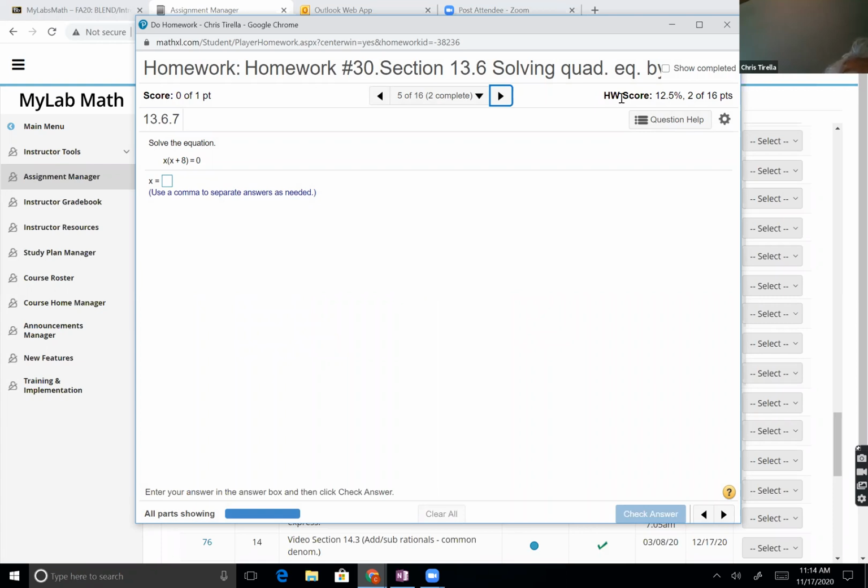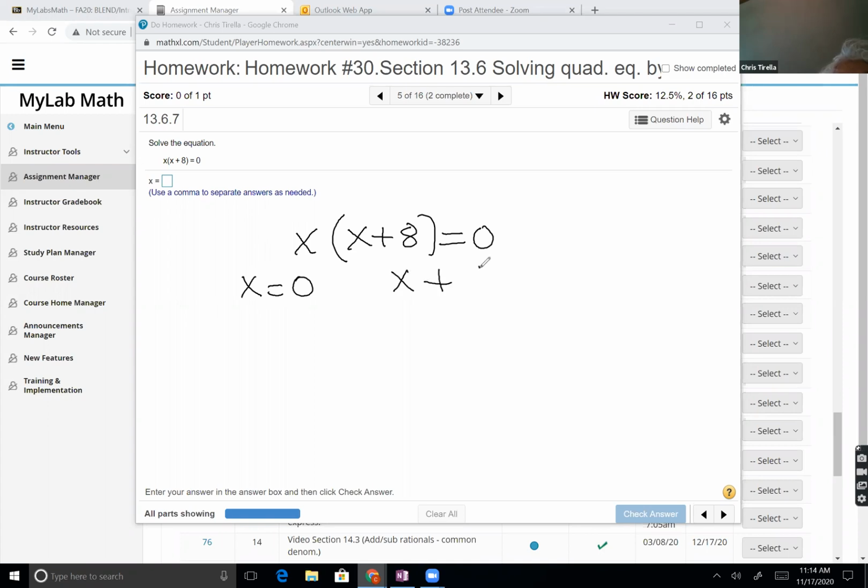It's factored already. Some people lose their confidence a little bit with something like this. Here we've got x times x plus 8 equals 0. This side of the equation, I just have multiplication. So if those two multiply to 0, one of the two of them has to equal 0. And so here one solution would be 0.